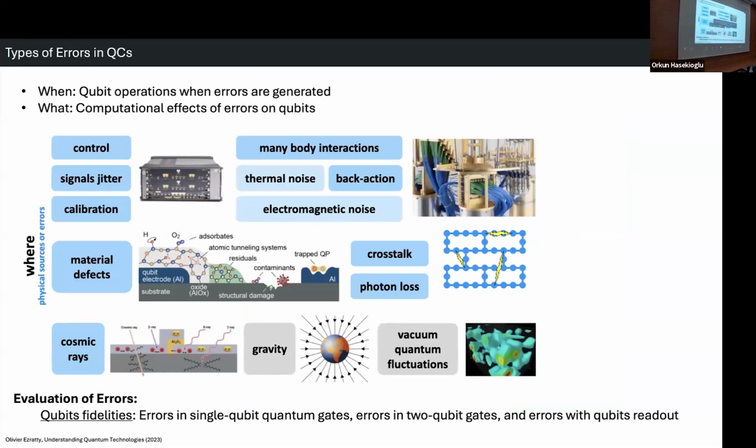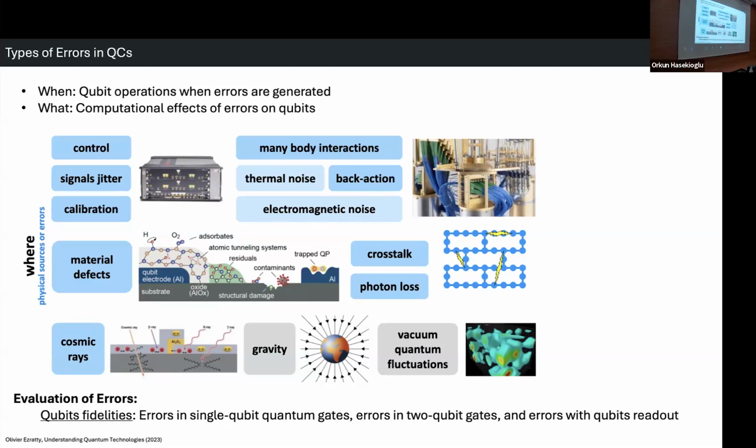For example, you may dream of some room temperature superconducting structure, but then you need a perfect material, and you also need to get away from thermal fluctuations.